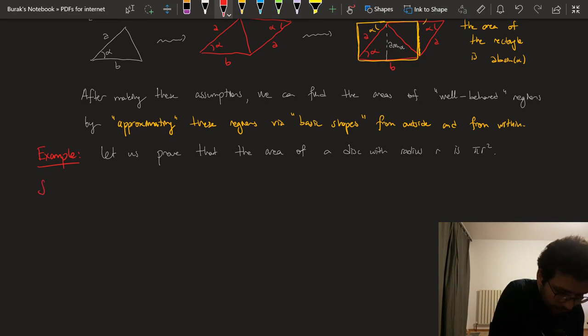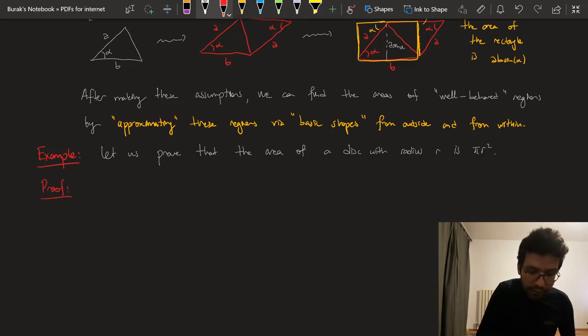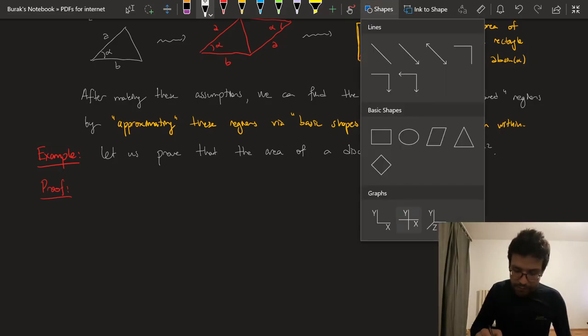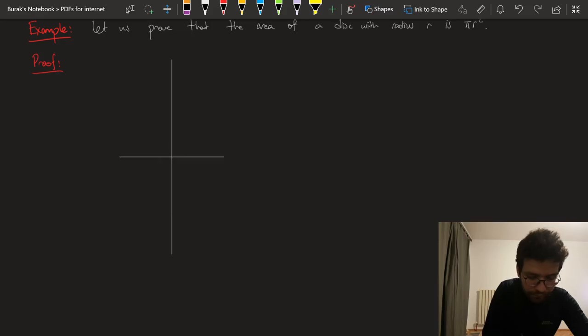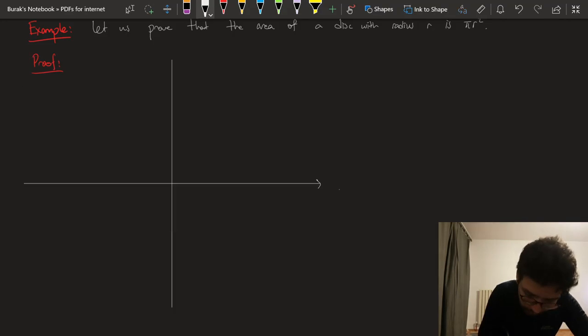Proof. So in order to draw my disk, let me first put a coordinate axis over here, a big one. Okay, xy.